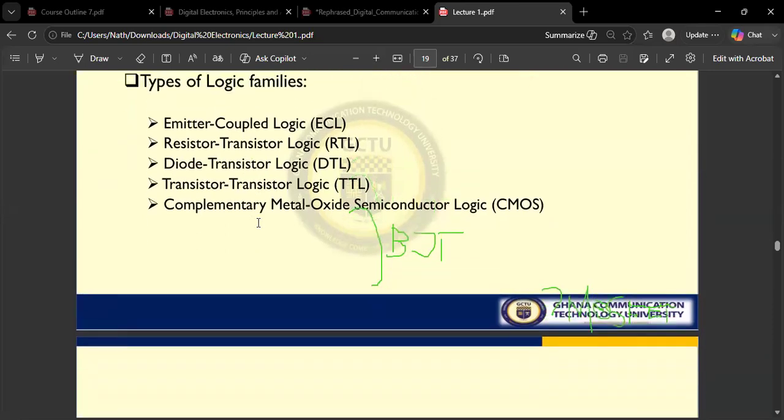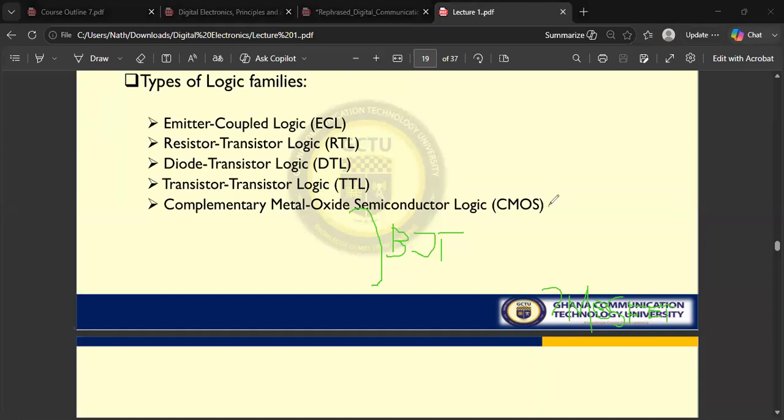Then we'll come to CMOS. Like I said, CMOS are built from MOSFET.